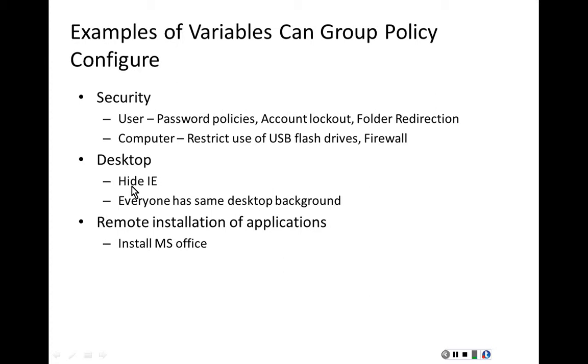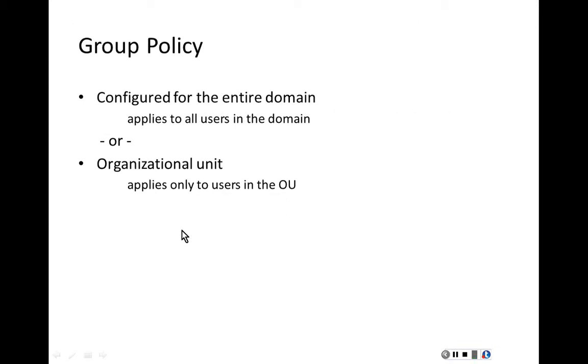It can be used to hide the Internet Explorer on the desktop and can be used to ensure that everybody has the same desktop background. And a real convenient feature of group policy is the ability to put the Microsoft Office install files up on the server and have group policy push them down to the users' workstations.